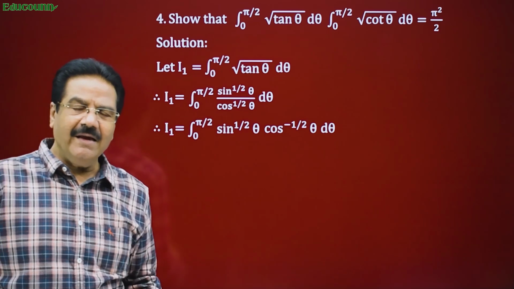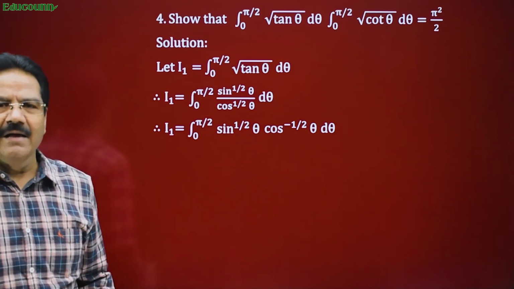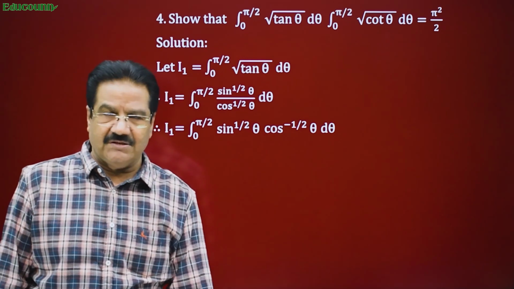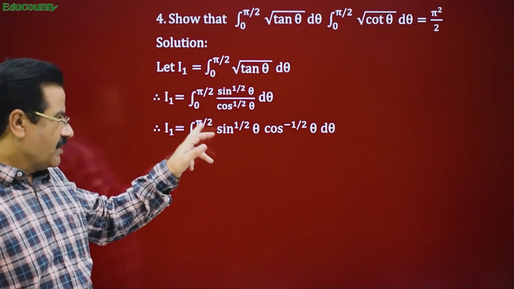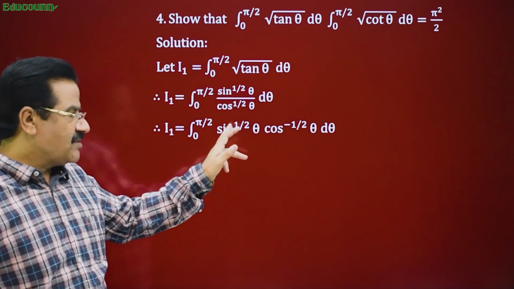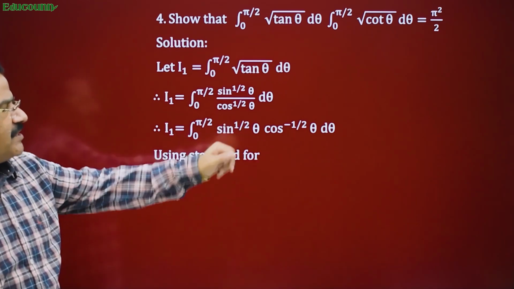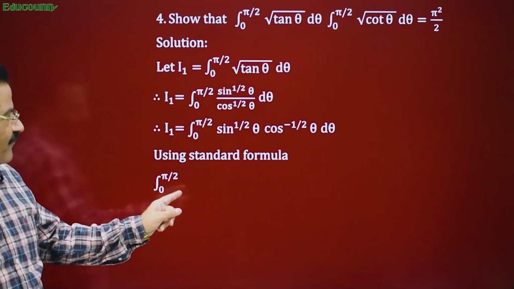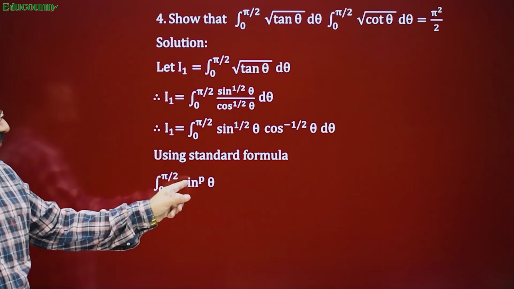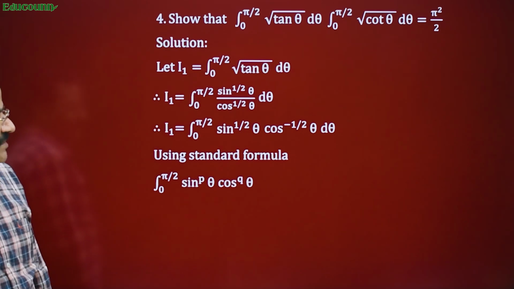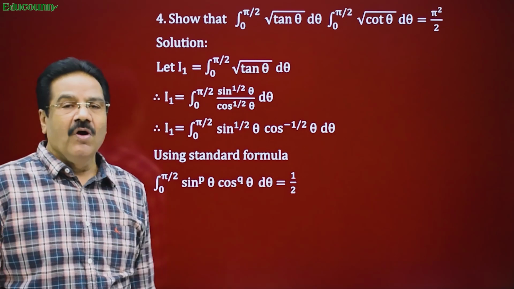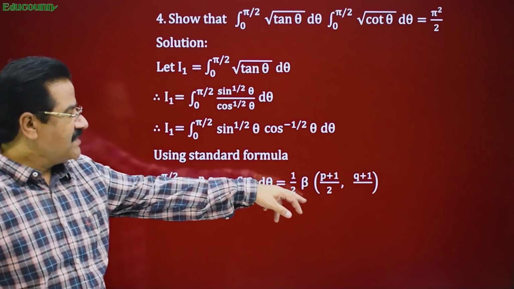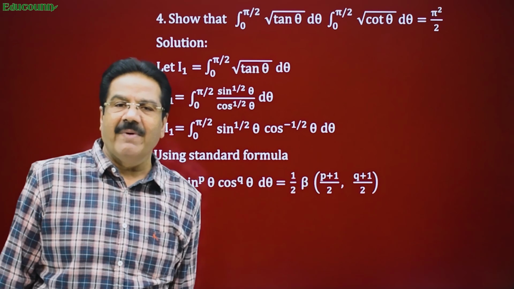We have already studied one standard formula, a property of the beta function in terms of sine and cos, that is the integral from 0 to pi by 2 of sine raised to p theta into cos raised to q theta d theta. According to that formula, the value of sine raised to p into cos raised to q is equal to 1 upon 2 times beta of (p plus 1) by 2, (q plus 1) by 2.